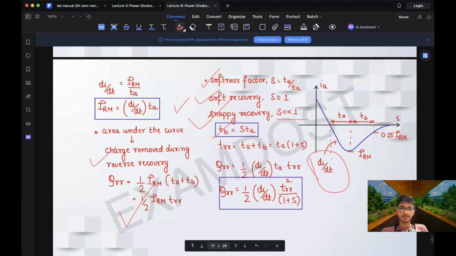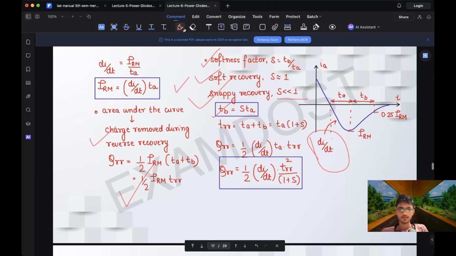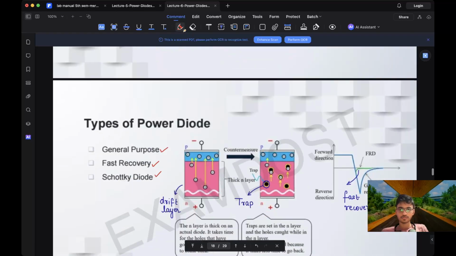TB is S times TA, so we change TB to S TA, giving 1 plus S. IRM and TA are changed to this, and we have made the charge removed formula.